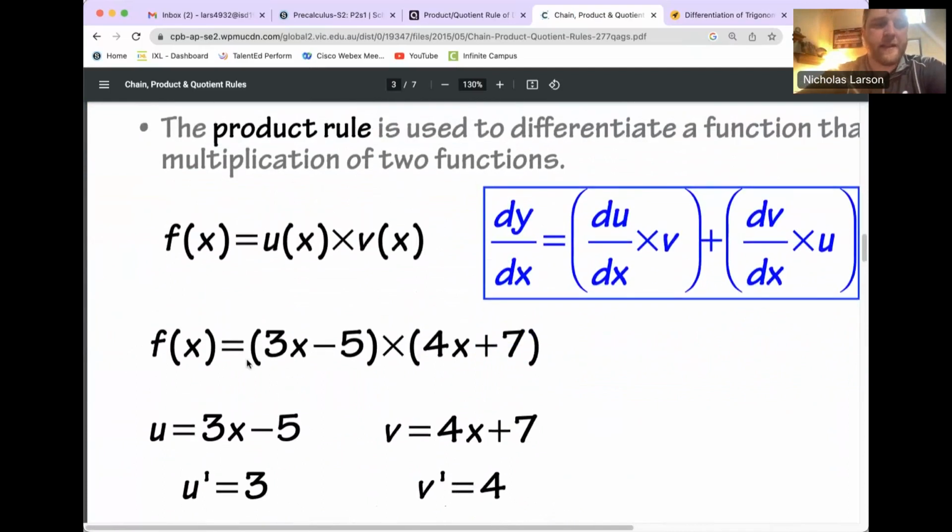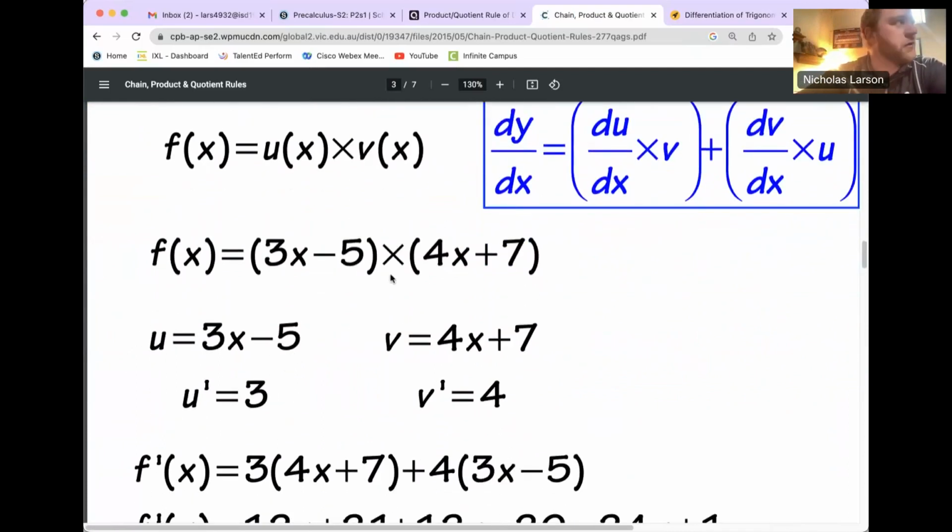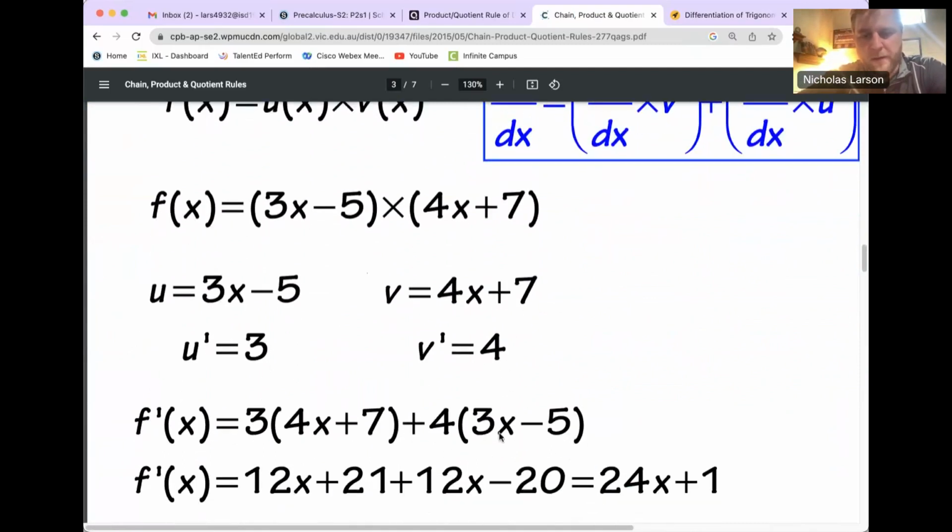It's helpful to figure out your derivatives first. If I take the first function, which is 3x minus 5, I multiply it by the derivative of the second, which gives me 4 times (3x minus 5), plus the second function, 4x plus 7, multiplied by the derivative of the first, which is 3.